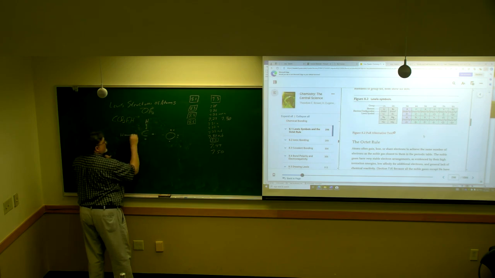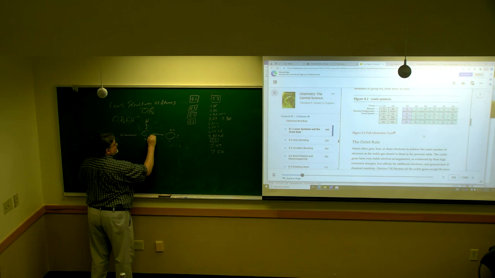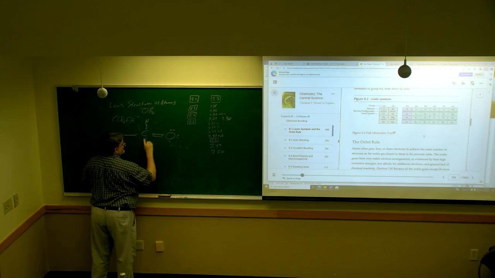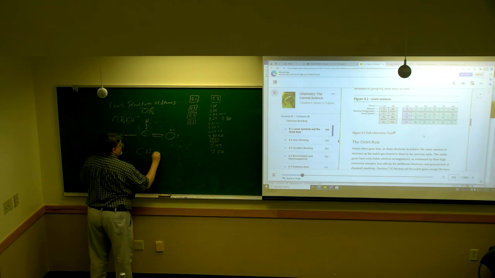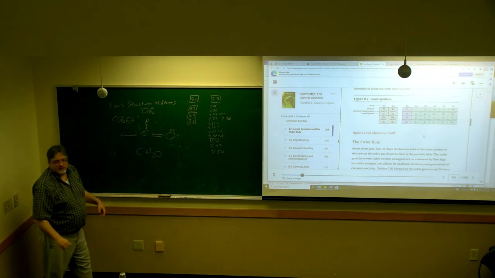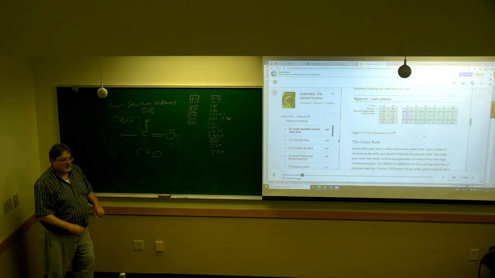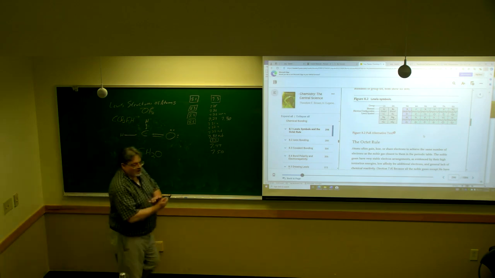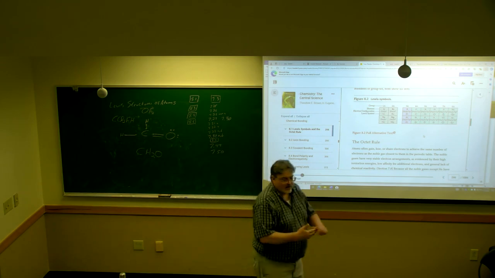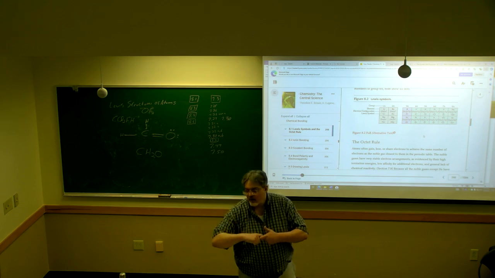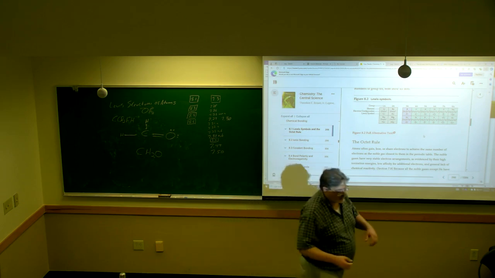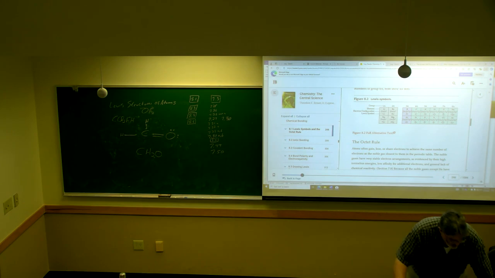I'll pair those, I'll pair those 2, and I've still got these, so I can make a double bond there. So that's a real molecule. Okay, you get the idea. This is how molecules are. They have their unpaired electrons paired with an unpaired electron of another atom, and that's called the covalent bond.